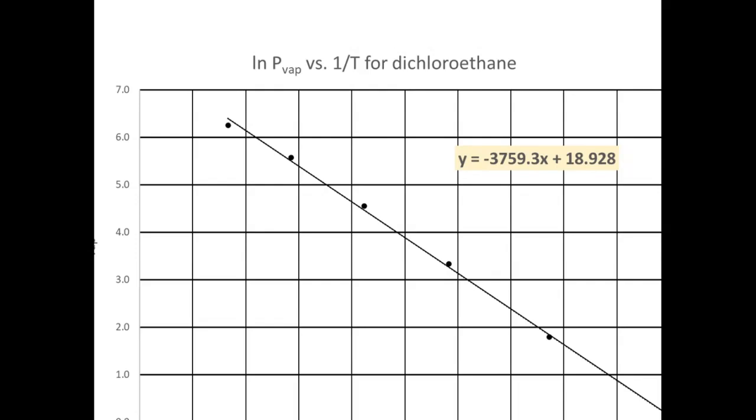Is this 9? y equals negative 3759.3x plus 18.928. That's really all the information you need.